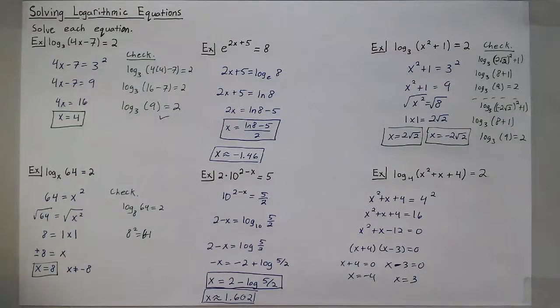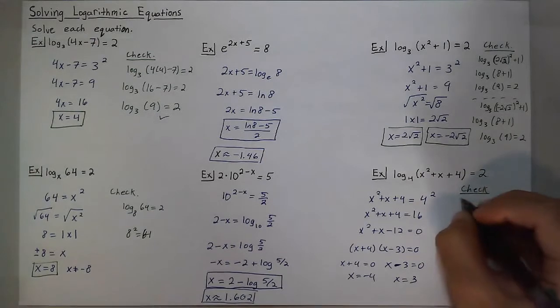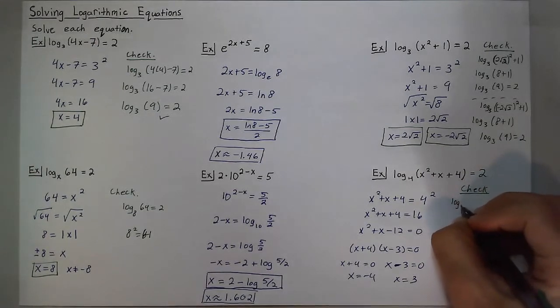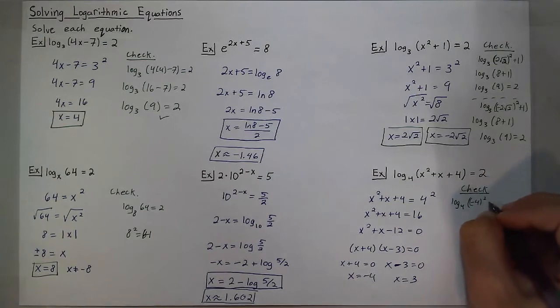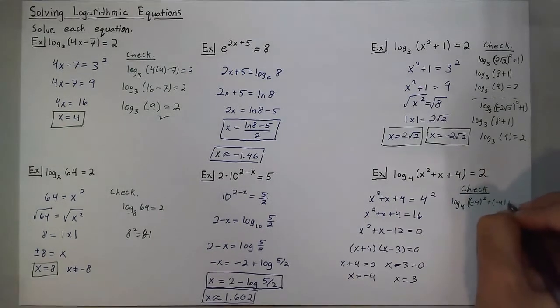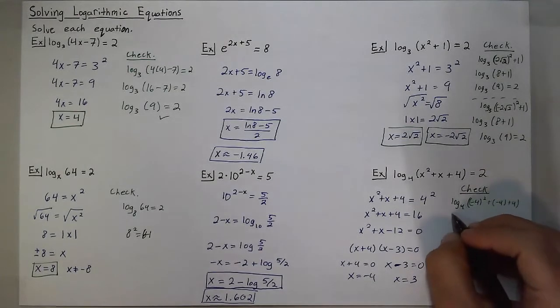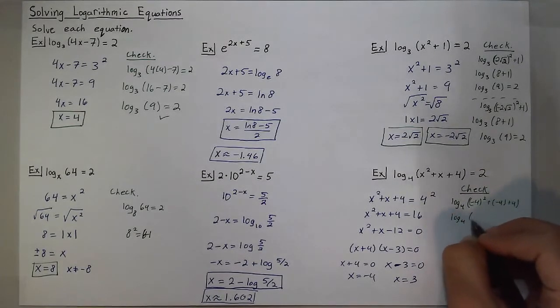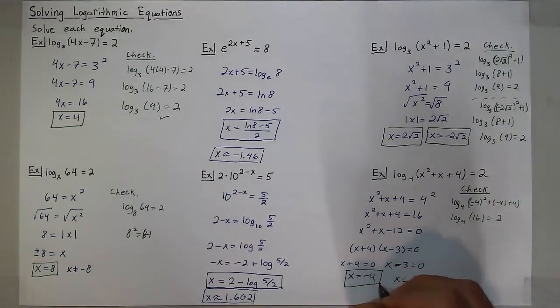We should still check our solutions. So I get log base 4 of negative 4 squared plus negative 4 plus 4. So negative 4 and 4 cancel, leaving me with log base 4 of 16, which is indeed 2. So x equals negative 4 does work.